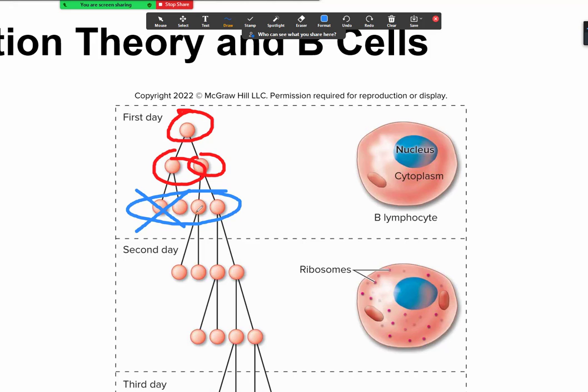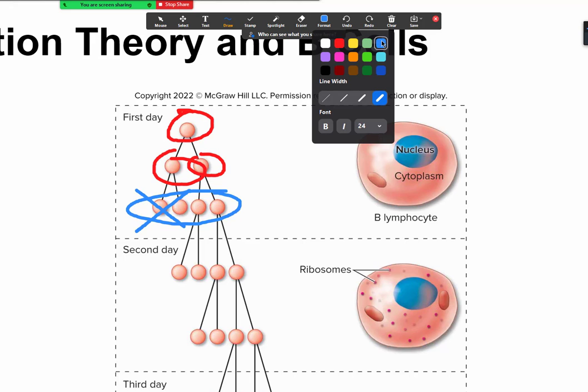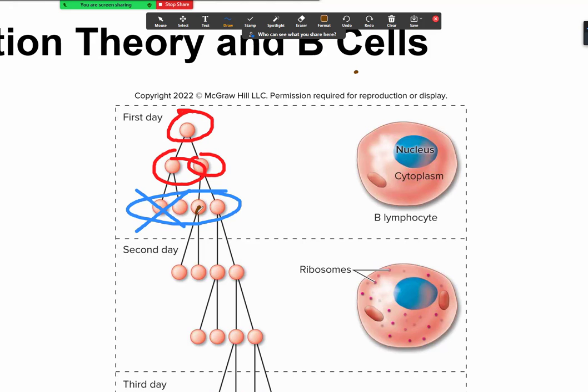Of those four, only these first two on the far right, 1 and 2, are going to have the opportunity to go on. Now day 2, they divide and make another 4 cells. These two happen to not do anything, and these two are good, and it goes on and on. So this process of selection takes time.